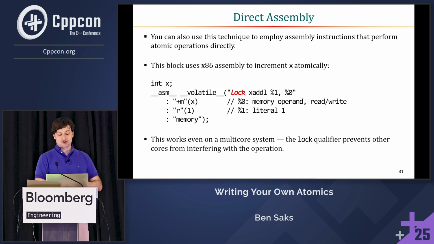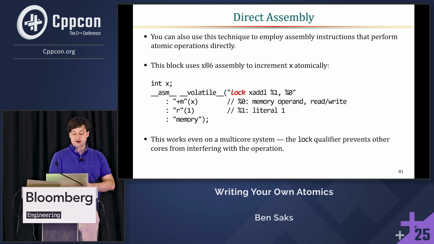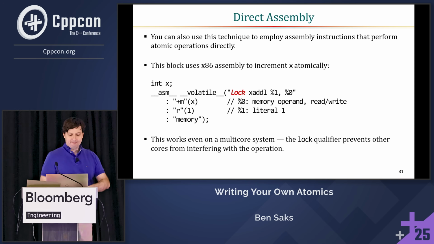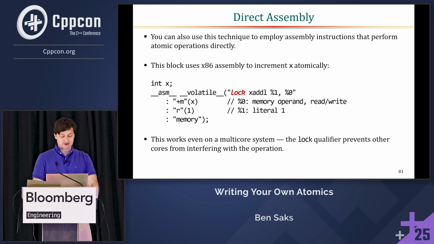Again, it's a single instruction of x86 assembly that is performing an atomic increment on the value x here. And here we are actually using the input and output operands. The x is really both an input and an output operand here, so it gets listed under the output operands. The literal 1 there is just an input operand.